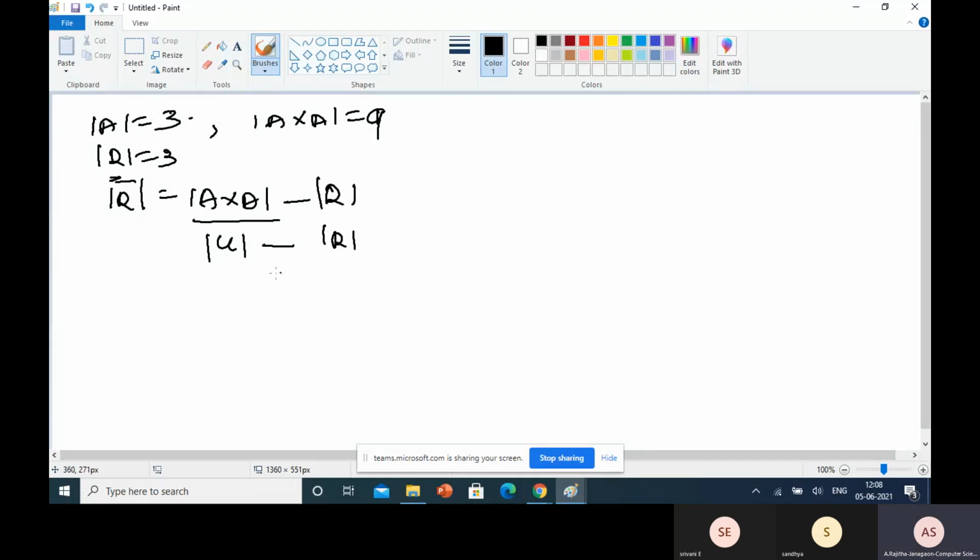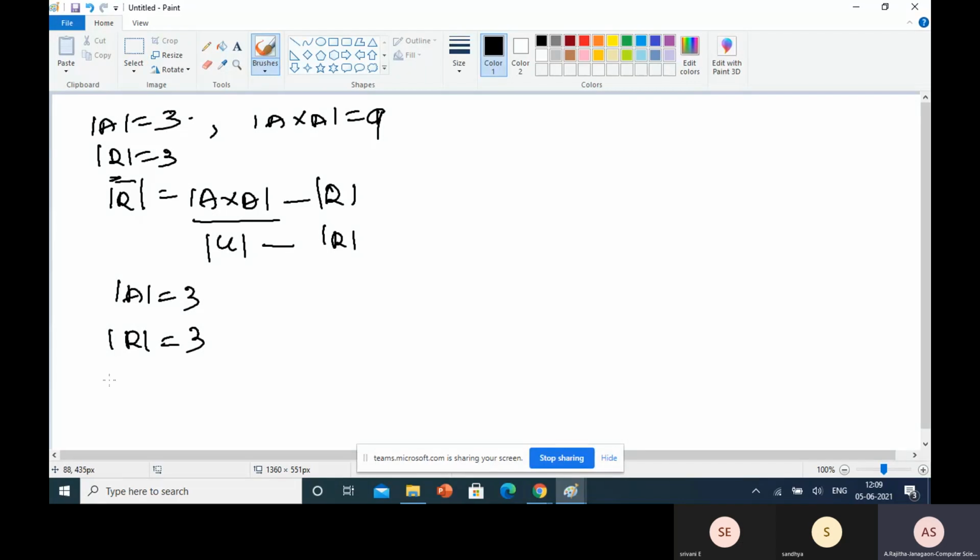So this is the property. Suppose the cardinality of A equals 3 and the cardinality of R equals 3.